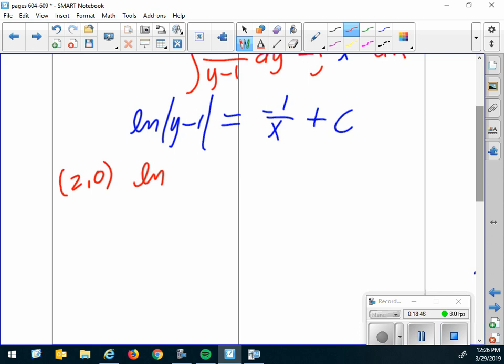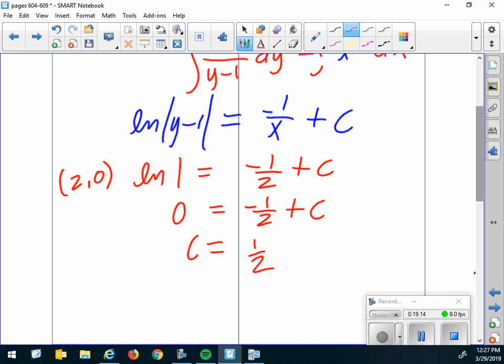Natural log of 1 equals, what's the natural log of 1? You're thinking e to the what power is 1? 0. So c is a half.